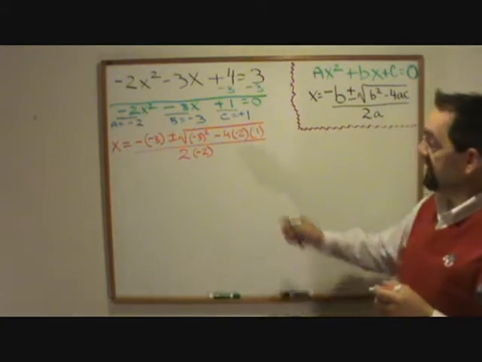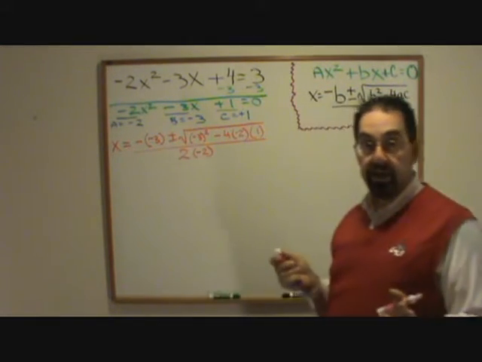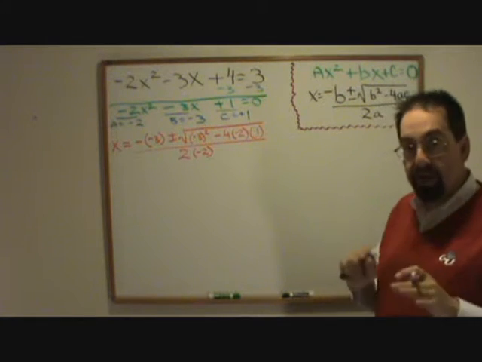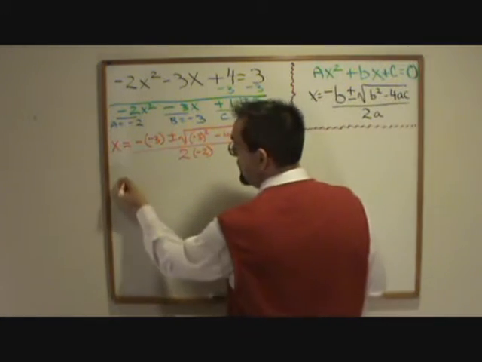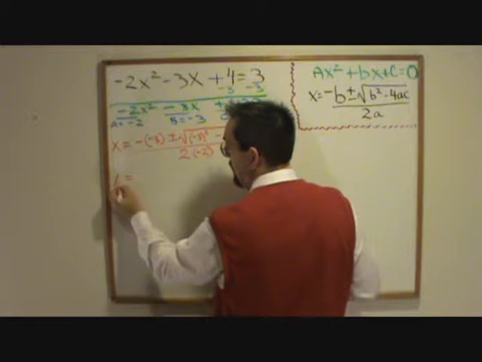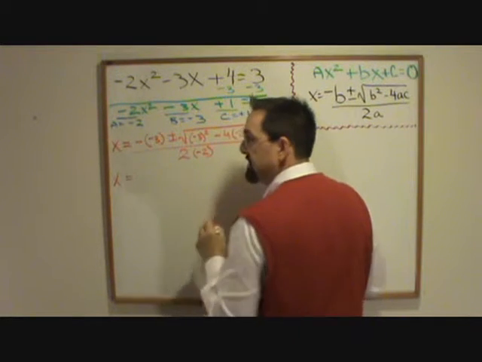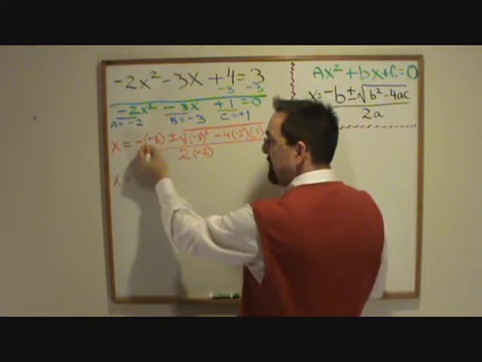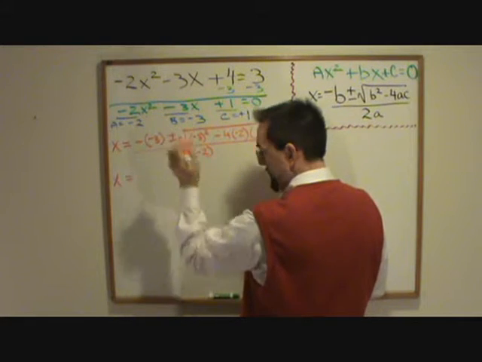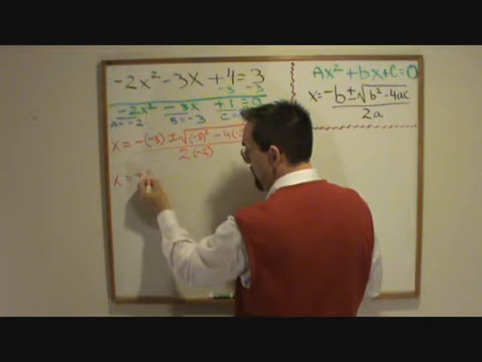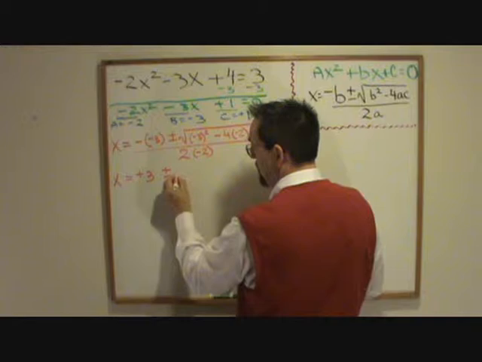So you can already see we've got minuses all over the page. Let's make sure that we don't make a mistake. One step at a time. Minus a minus 3. Well, this is like a multiplication. Minus times a minus is a positive. So I'm going to write plus 3, plus or minus.